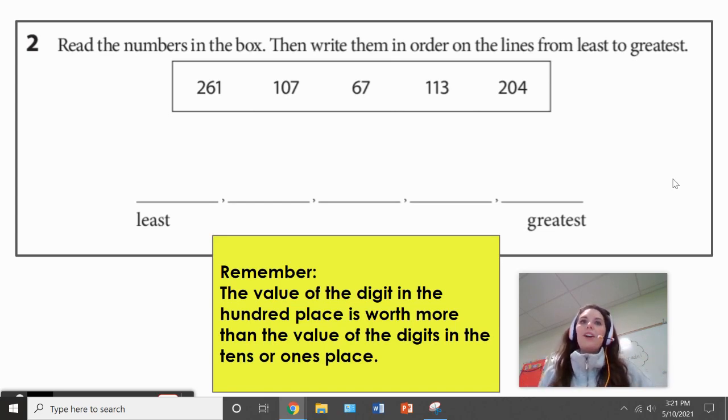The numbers I see there are 261, 107, 67, 113, 204. We're going to put them in order from least to greatest. Pay attention to the place value and whether a number shows hundreds or if it is only showing a 2-digit number, less than 100. So pay close attention and put them in order.